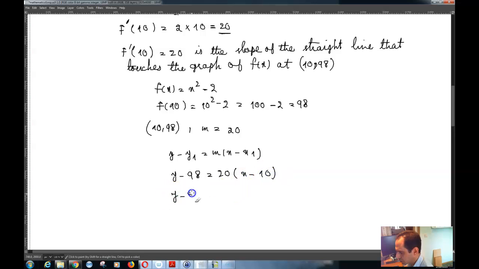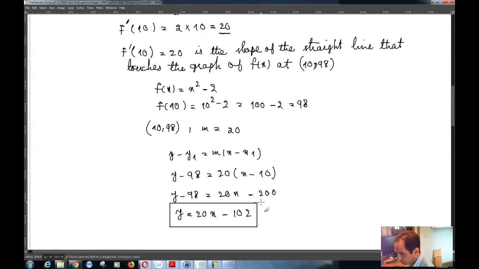So y minus 98 is equal to 20x minus 200. So y is equal to 20x, and negative 200 plus 98 is equal to negative 102.